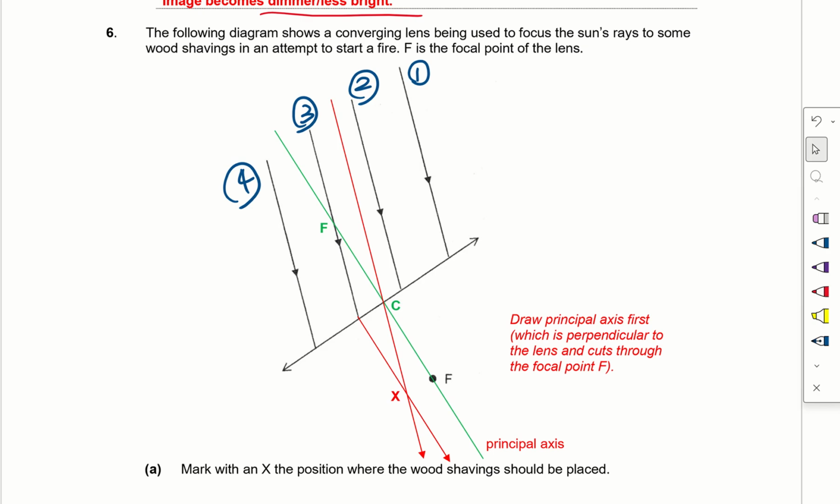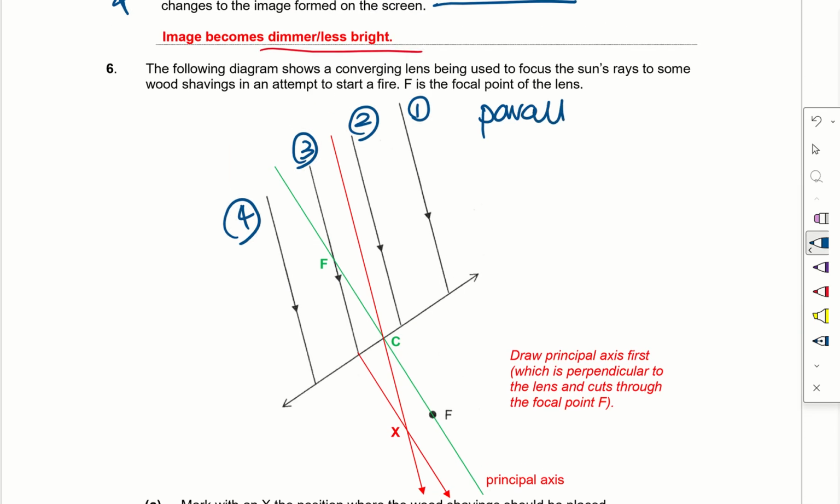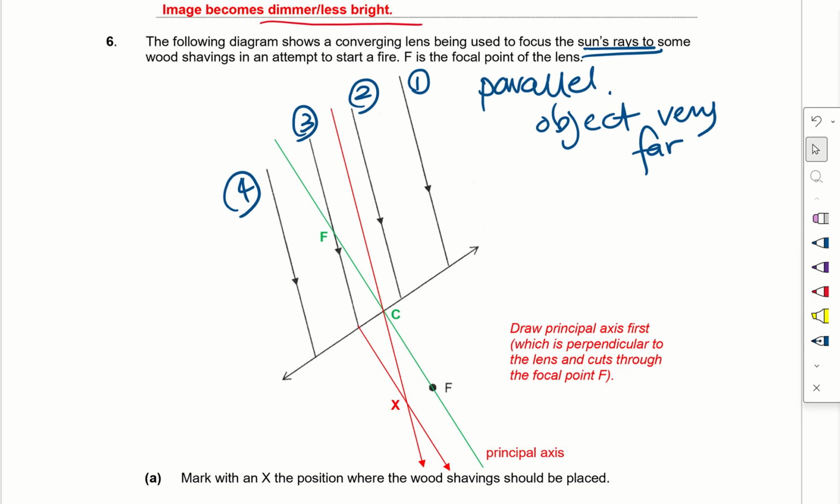So you find that rays 1, 2, 3, 4 are actually parallel to one another. If they are parallel to one another, that means the object is very far. It is not even seen on the screen or on the paper. So indeed, these light rays come from the sun. Okay, and here they tell us F is the focal point.